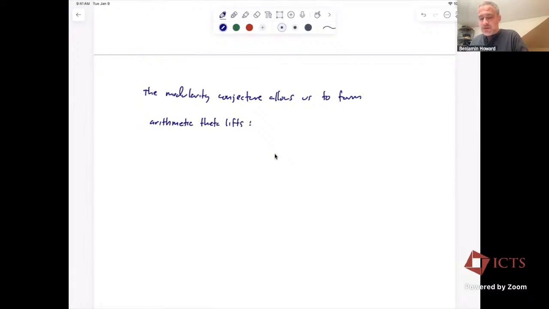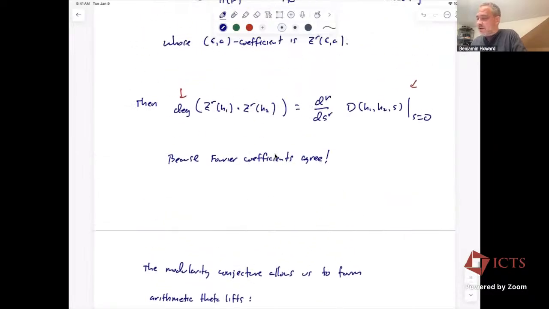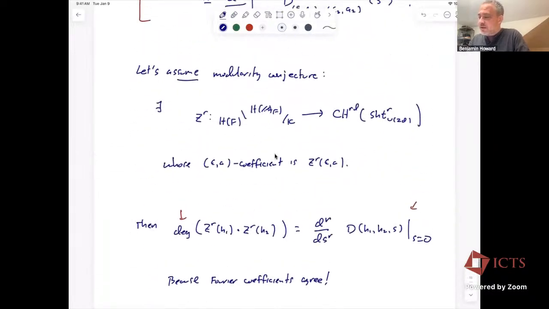So what would be an arithmetic theta lift? Given an unramified cuspidal automorphic form on H, so a scalar valued form, we could integrate it against this form valued in the Chow group to get a class in the Chow group.